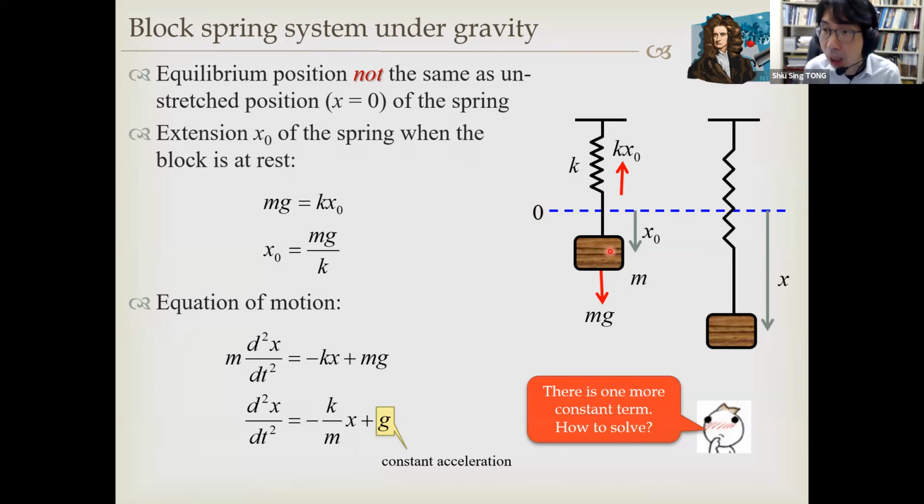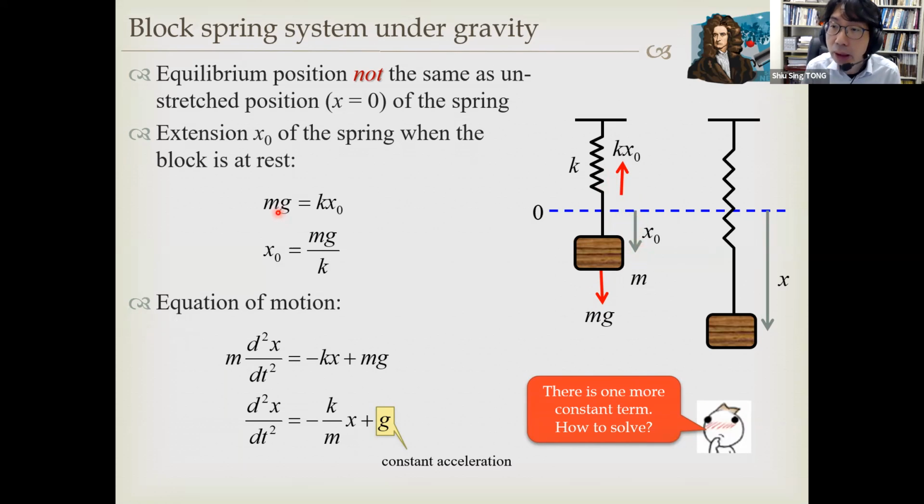But now, since the mass is acted on by gravity, it has a weight, so there will be an extension because the weight stretches the spring. I call this extension x0. At this position, the mass is at rest, so it is in equilibrium. The force of gravity just balances the force due to the spring. At this new equilibrium position, we have extension x0.